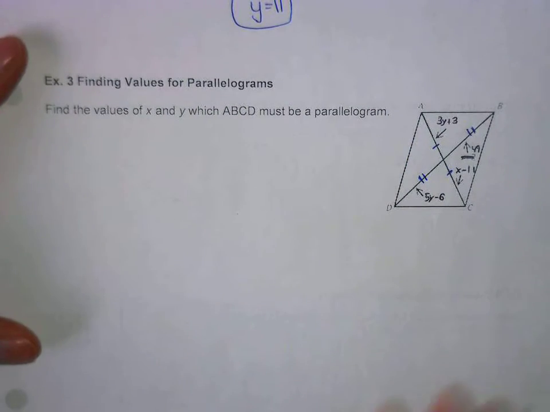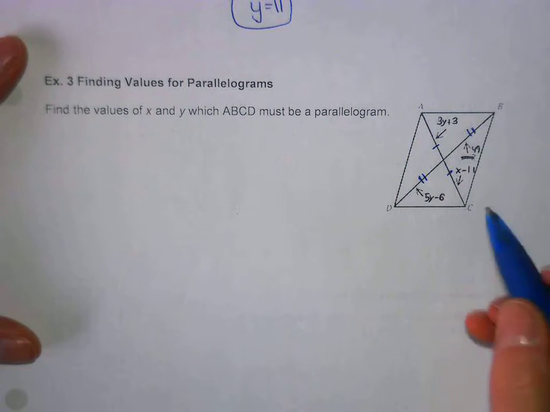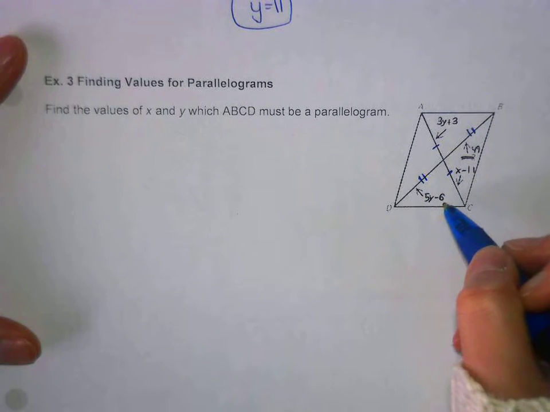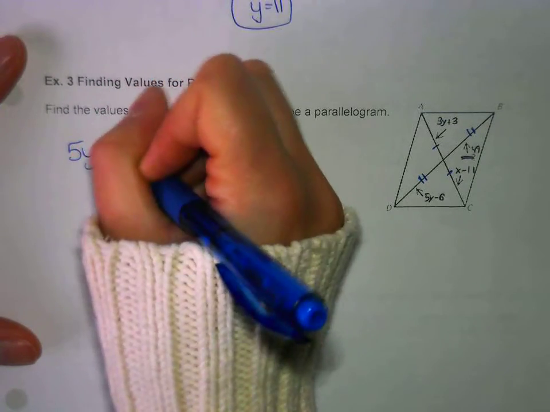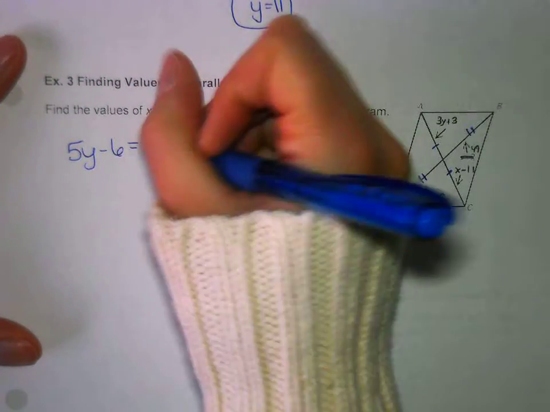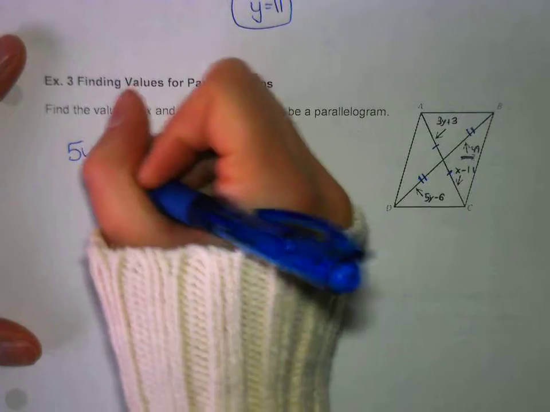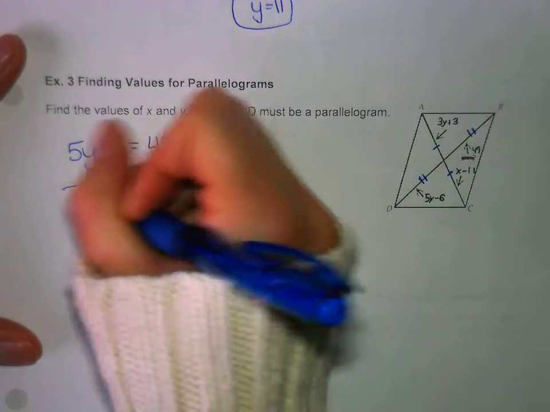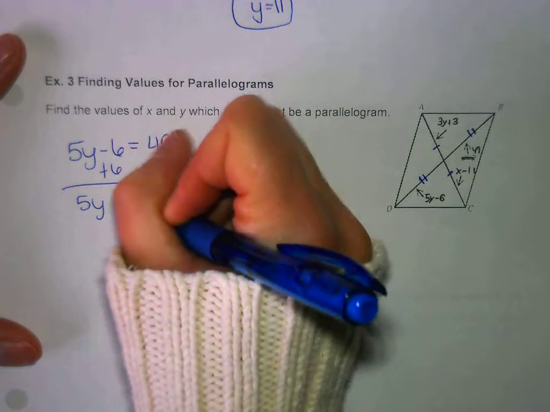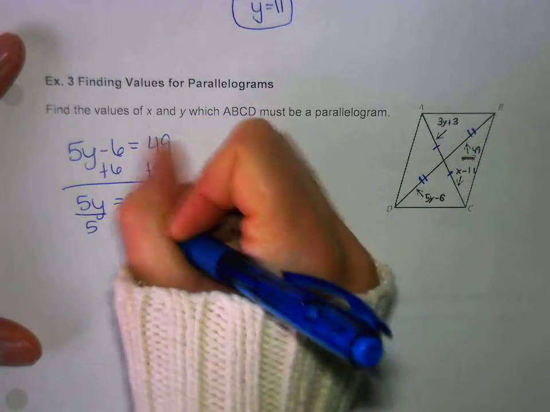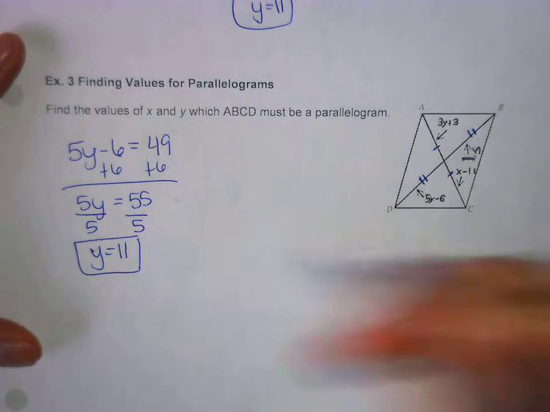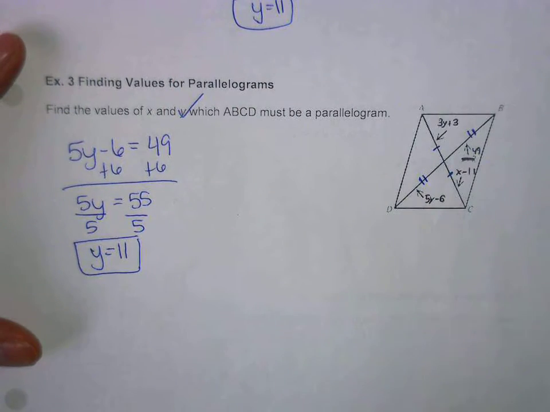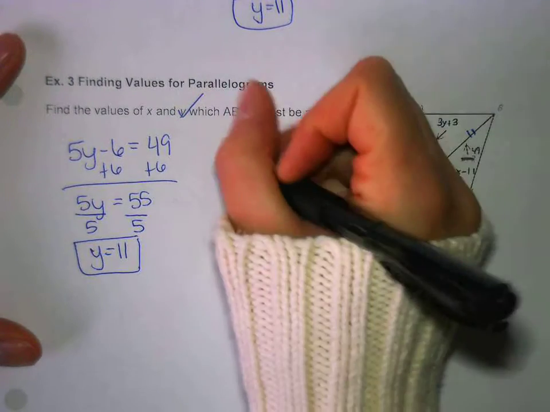If I'm going to start solving, let's find y first. 5y minus 6 is going to equal the length of 49. If I add 6 to both sides, I have 5y equals 55. Divide both sides by 5, and y equals 11. Now if I want to find x, I'm going to use my other diagonal, which is also bisected.